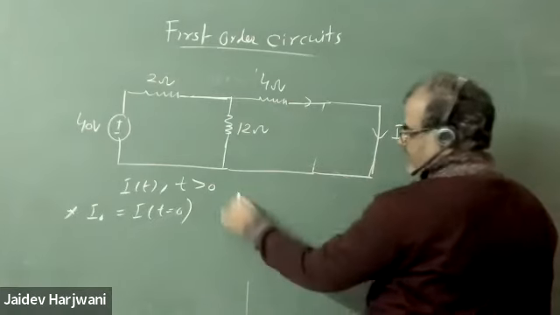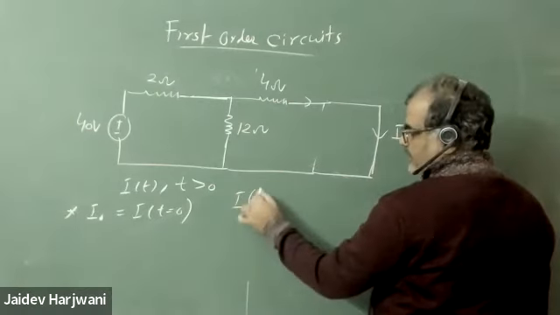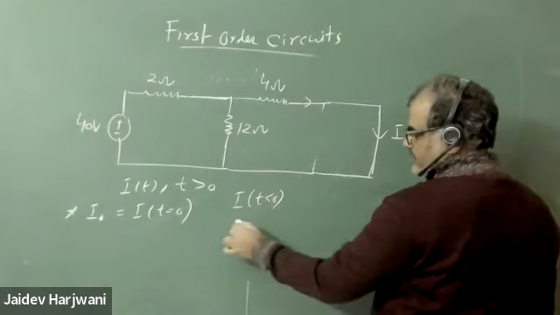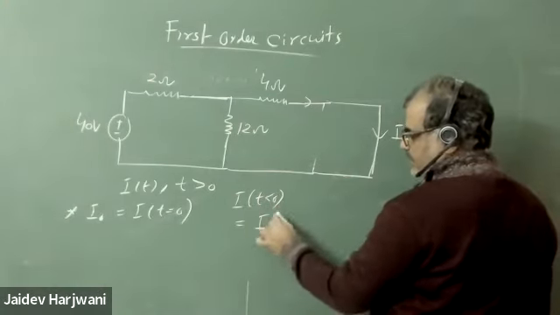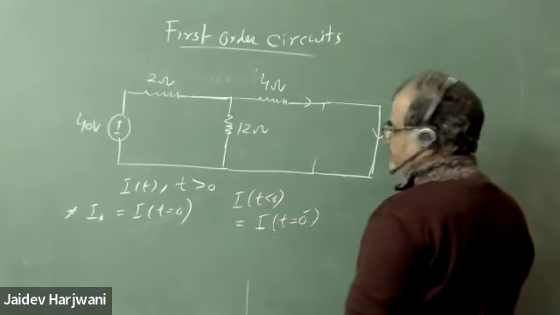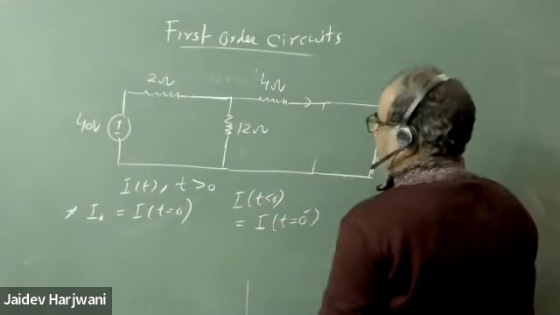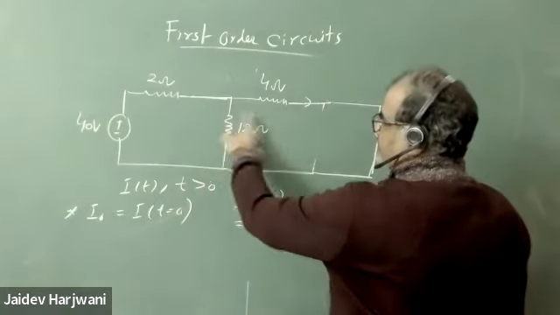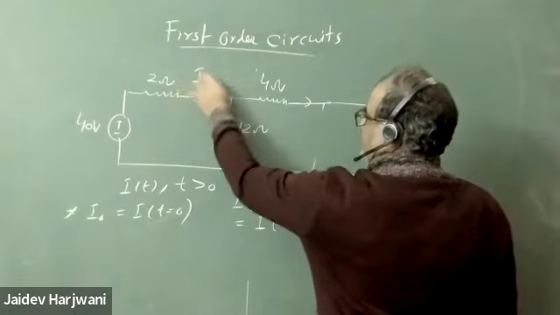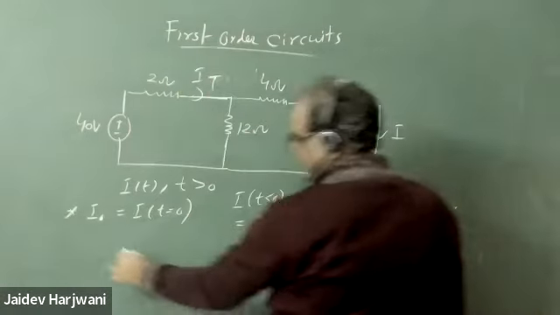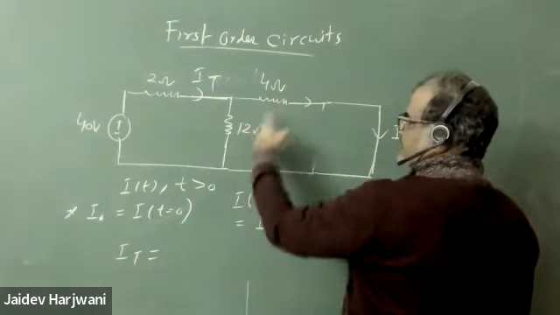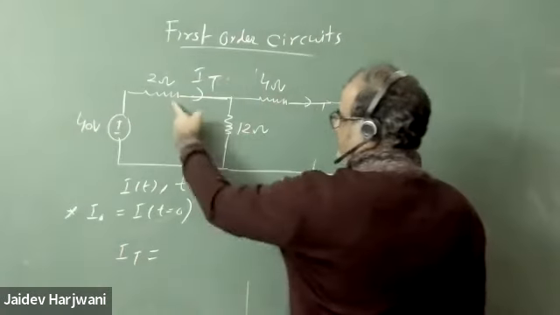So the current I at t less than 0, or you can say I at t equals 0 minus, I need to calculate. I can simply apply current division here. First I need to calculate the total current IT. 12 and 4 are in parallel, and this is in series.